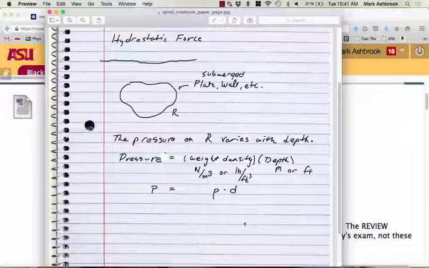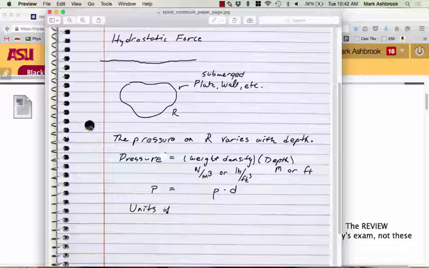So basically, our pressure is the weight density times depth. And so the units of pressure would be pounds per foot squared, or newtons per meter squared, or pounds per square inch. Okay, so those are all units of pressure.